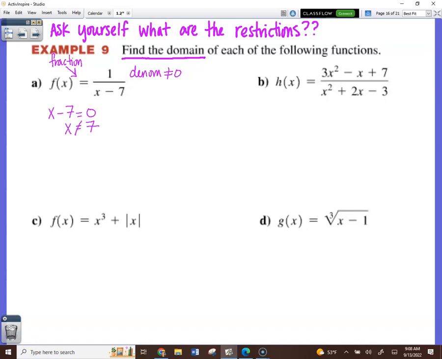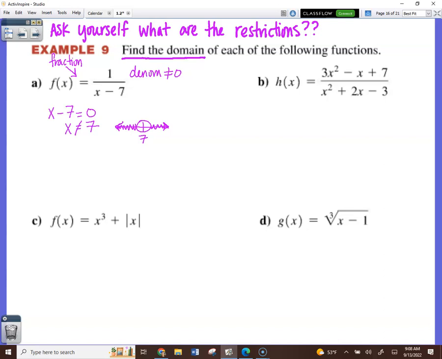Now you're going to visualize a number line completely shaded, but there's a gaping hole on what? 7, on what's off limits. If you need to draw it real quick, it doesn't have to be fancy or Picasso. So the parentheses.